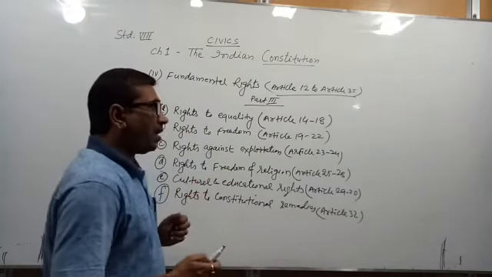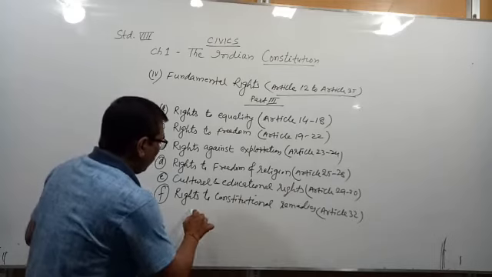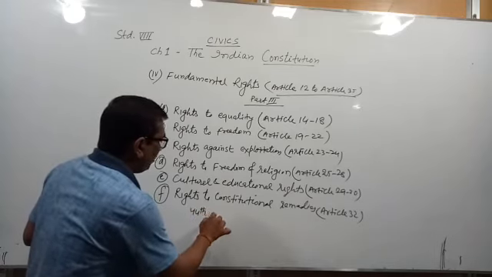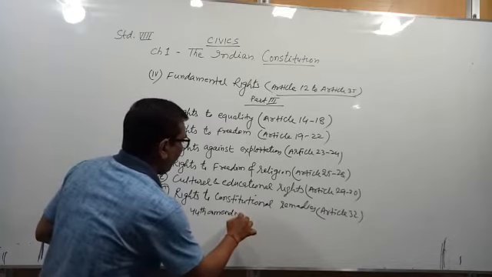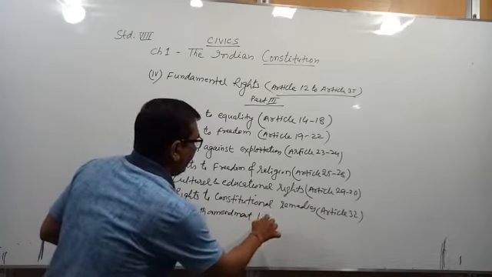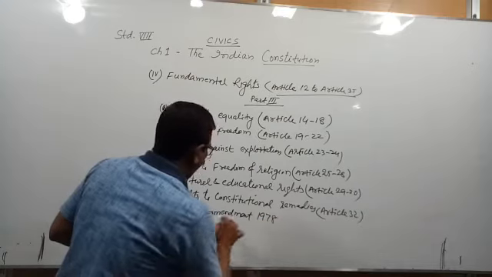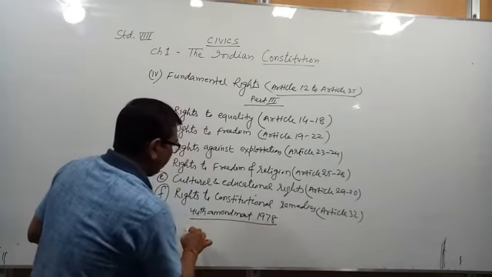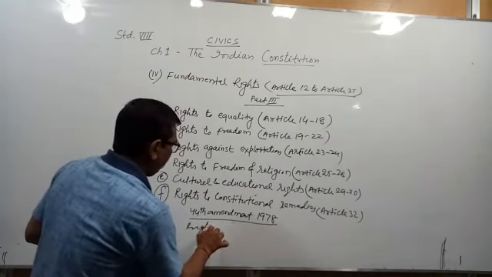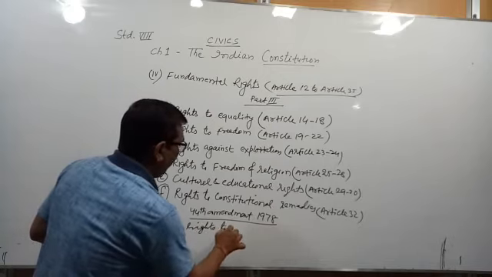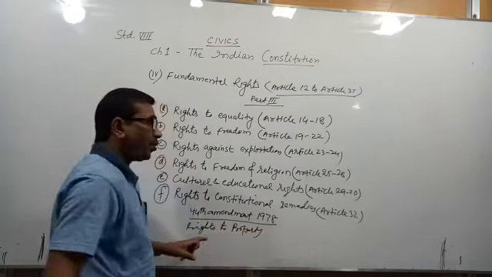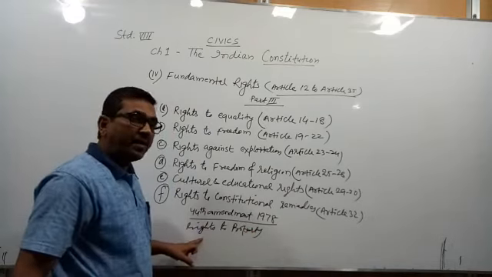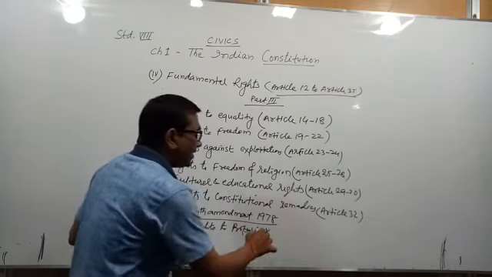One right was changed by the 44th Amendment in 1978. The right to property, which was a fundamental right, has been cancelled.